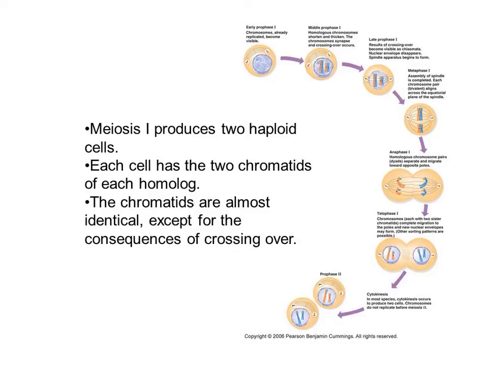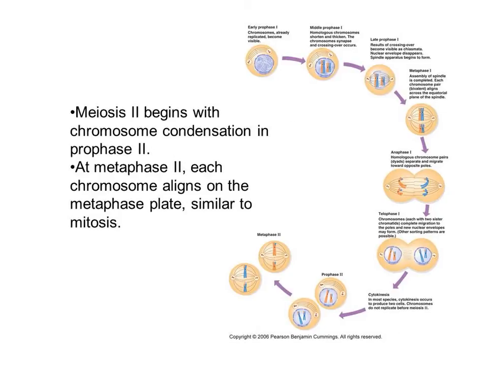These two cells will then enter into meiosis II, thus starting prophase II. The mitotic spindle will reform, and chromosomes will be condensed, and then move on to prometaphase, and then into metaphase II.